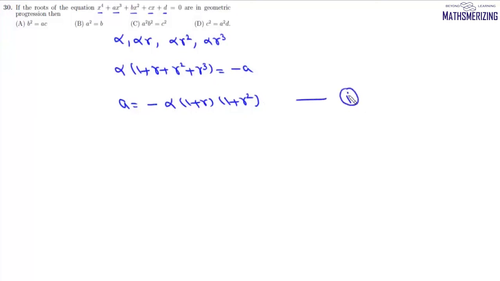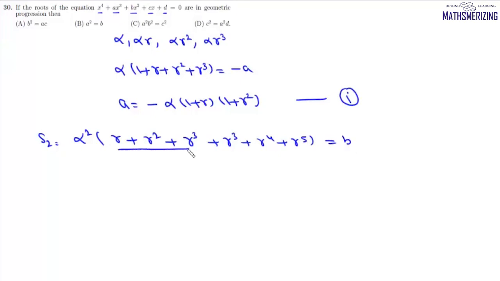Now we'll find S2. Now S2 is the sum of roots taken 2 at a time. So 4C2 is 6, so we'll have 6 terms. So S2 will be alpha square into r plus r square plus r cube plus r cube plus r to the power 4 plus r to the power 5, and this value will be equal to b.